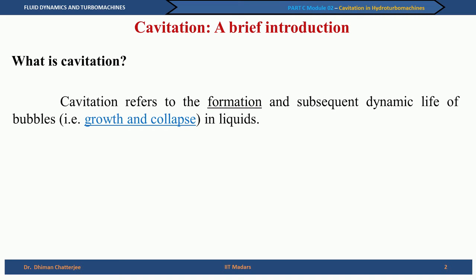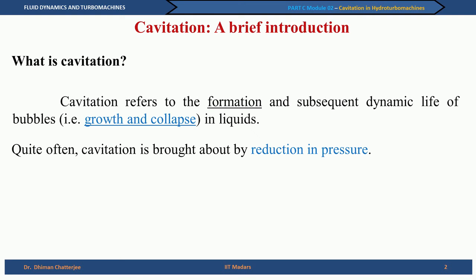So, we have to stress the words formation, growth and collapse, and this formation can be brought about by the reduction in pressure. What we are interested in today's discussion is the cavitation in turbomachines, and hence there is a flow.